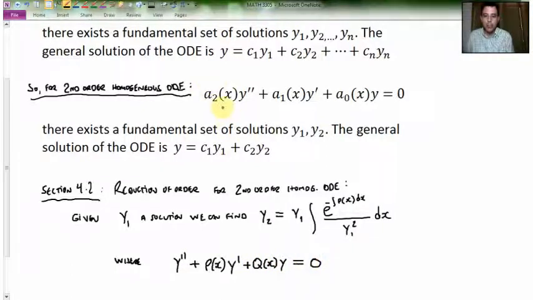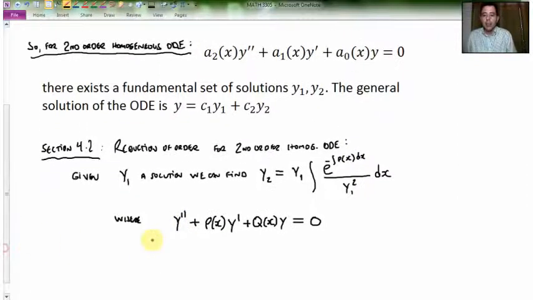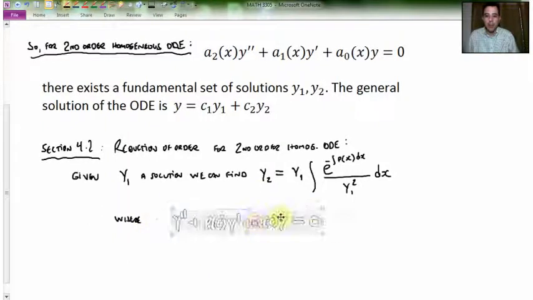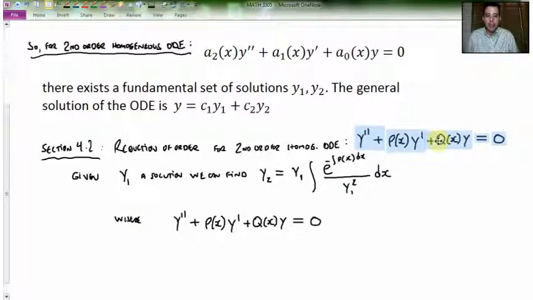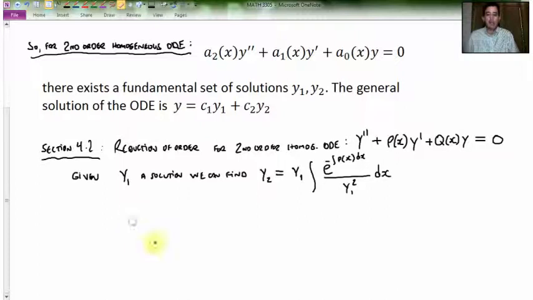So you have to put the second order ODE into this form so you can get the p of x. There you go, this looks better.